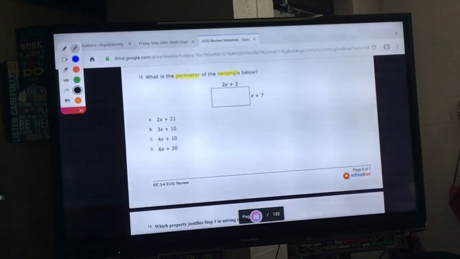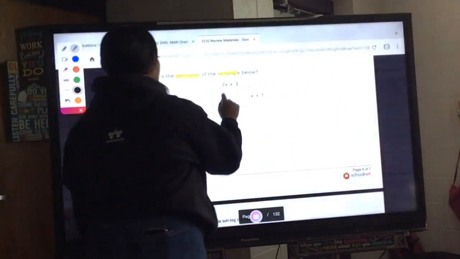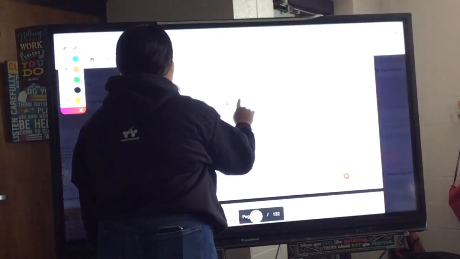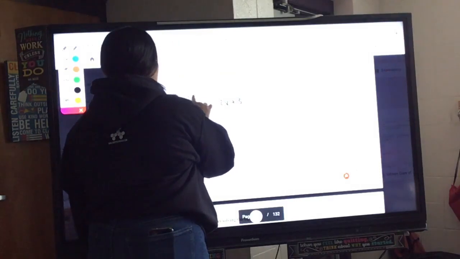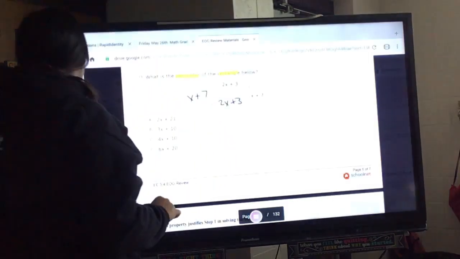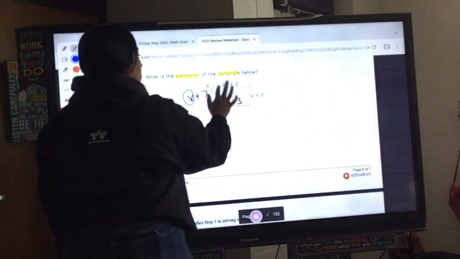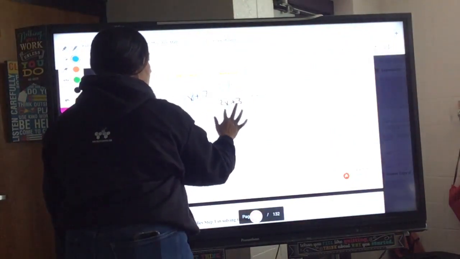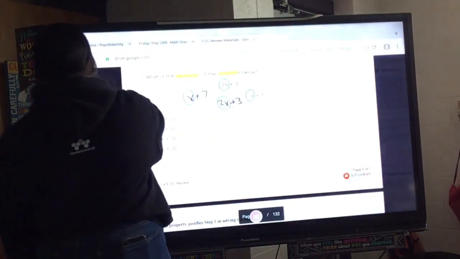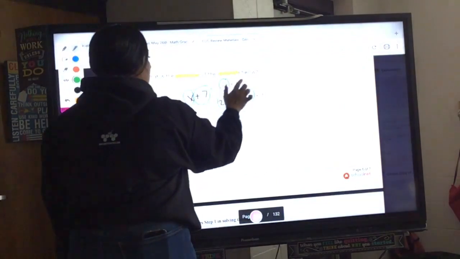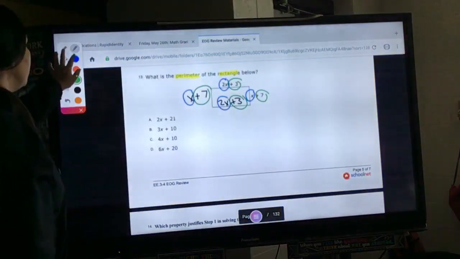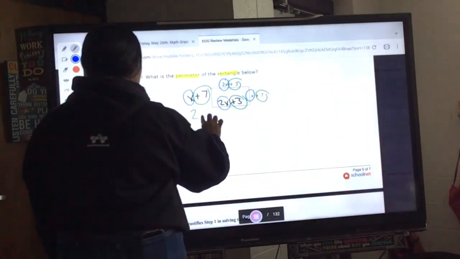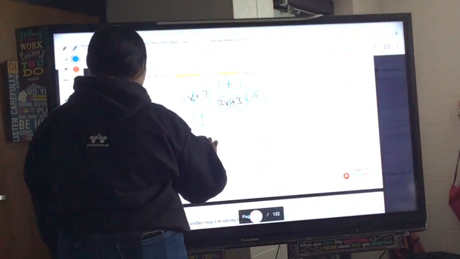Camden, if I know that this side is 2x plus 3, I know this side is 2x plus 3, right? I know this side is 7 plus x, I know this side is 7 plus x. Go ahead, add them up. Stand up when you have your answer.